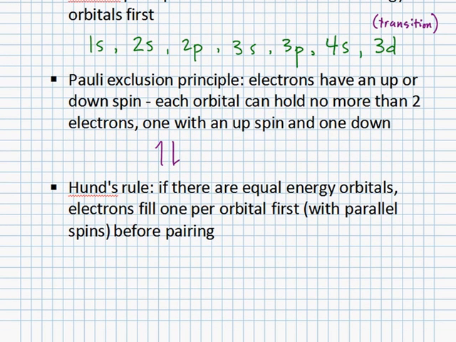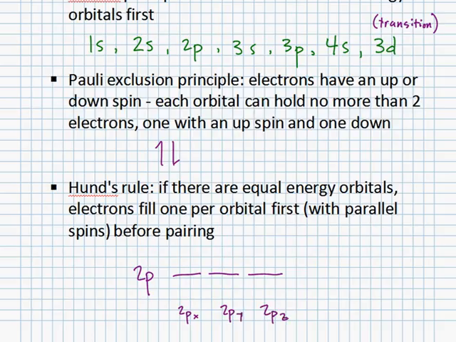If there are equal energy orbitals, electrons fill one per orbital first before they pair. So remember, there are three of those 2p orbitals, right? 2px, 2py, and 2pz.